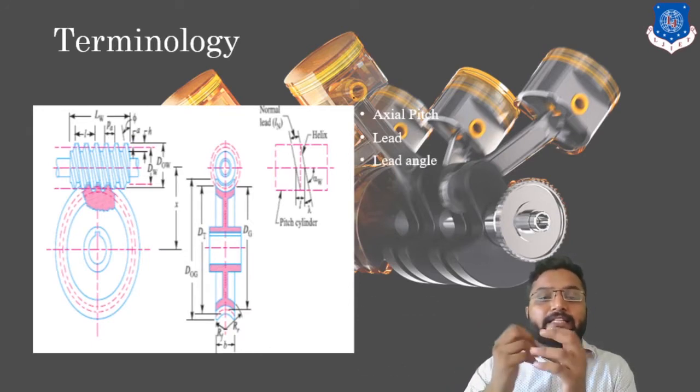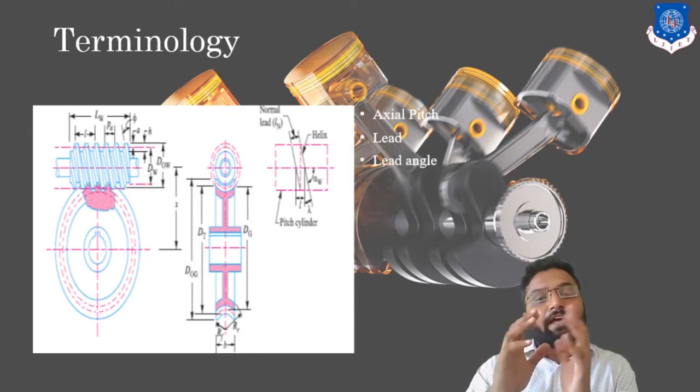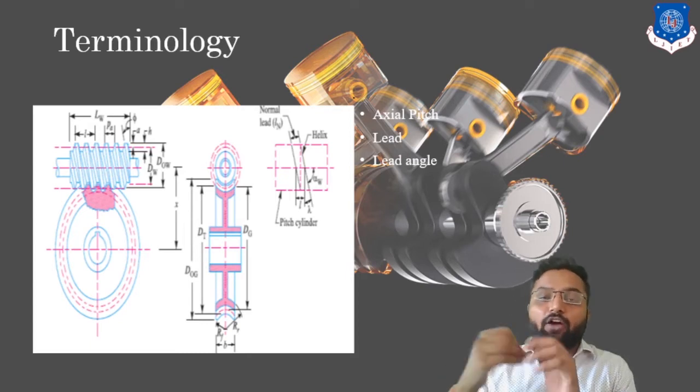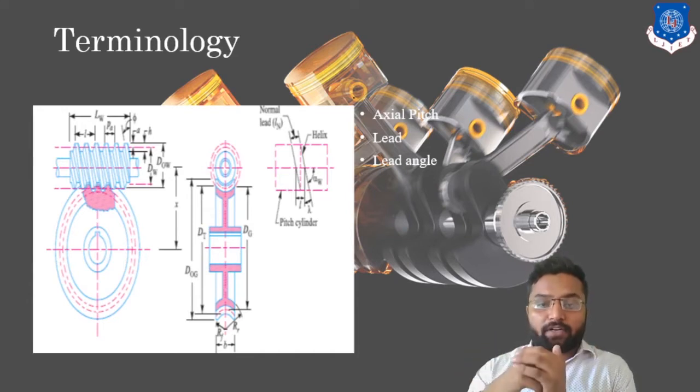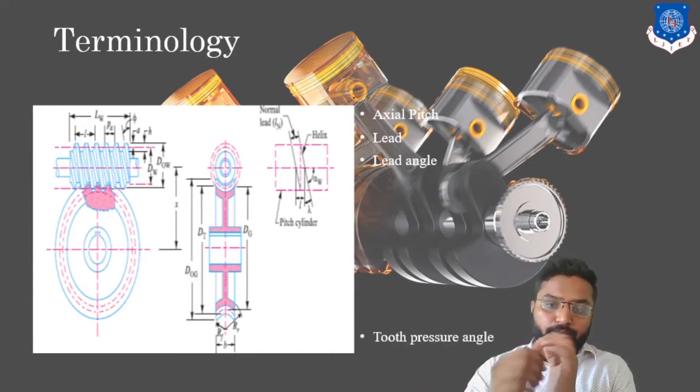Clear? Next is lead angle. So the next thing is to determine the angle of that lead. Clear? This angle will provide us the axial distance our worm is going to cover. Clear? While going through this angle.